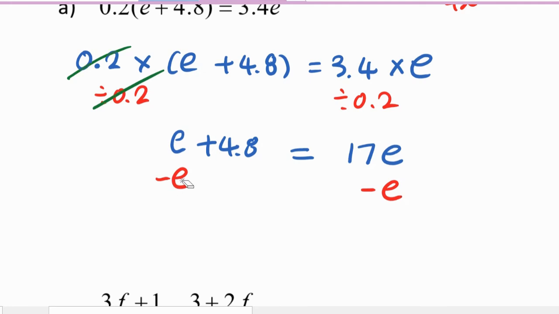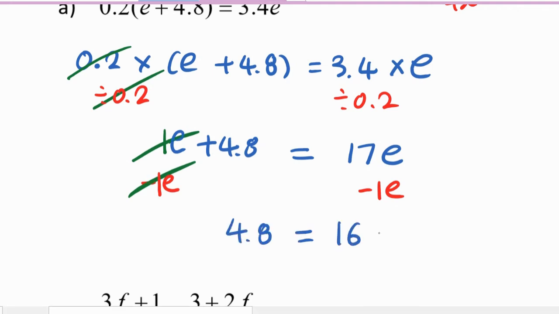Before we remove E, I want you to remember this. 1 is hiding in front of E. So we're basically subtracting 1E from both sides. Gone. Then I have 4.8 equals 16E.